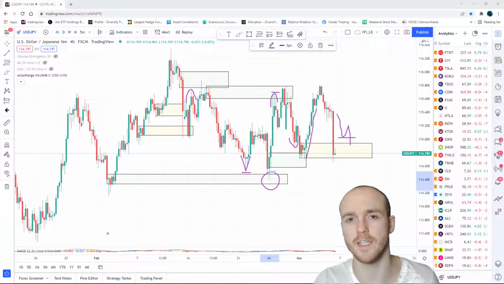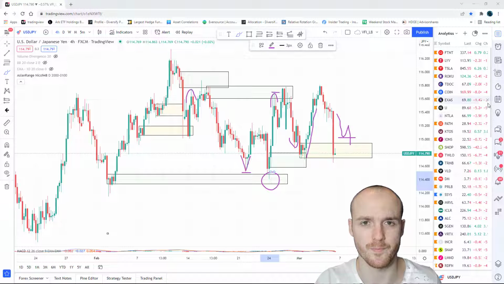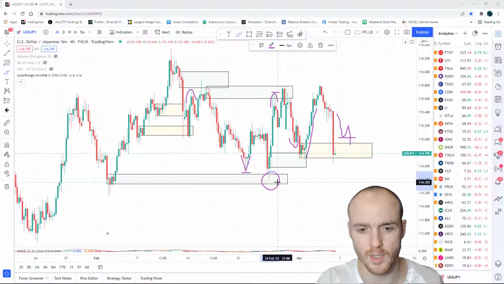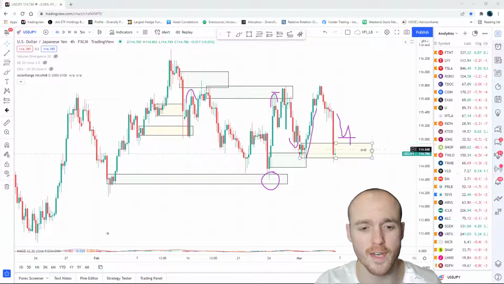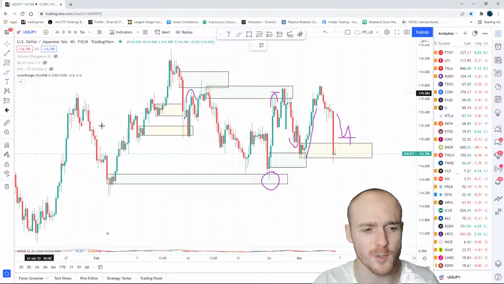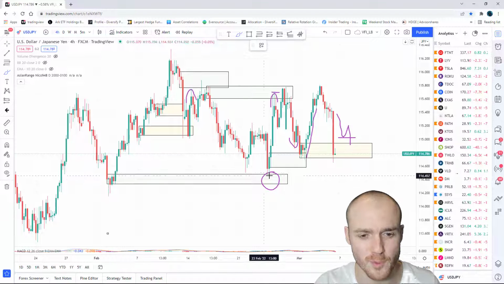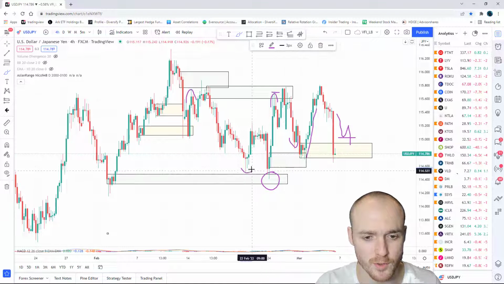They need to engineer selling volume in order to accumulate their buy positions. And the way they do that is they will start buying just before an order block. So just before this order block, they will start buying.